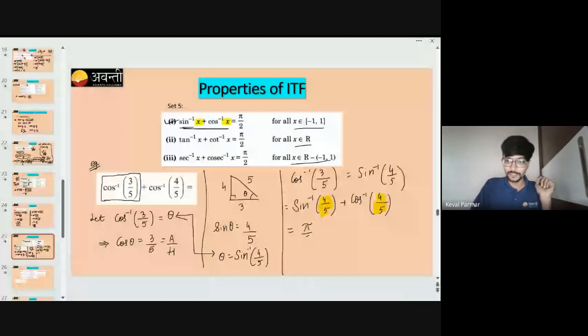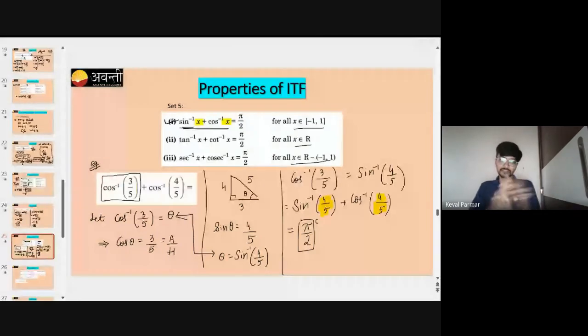I hope this is clear to you all. Okay, so we are done again with set 5. Please remember there are 3 formulae with 2 pairs each: sine inverse, cos inverse, tan inverse, cot inverse, sec inverse, and cosec inverse.